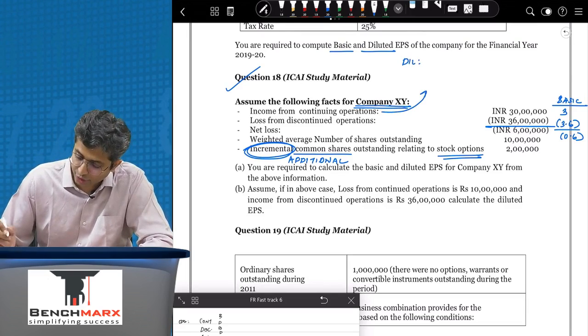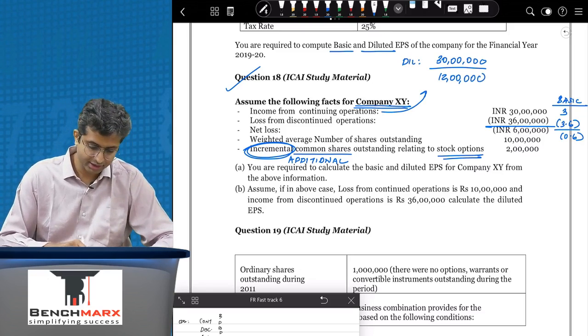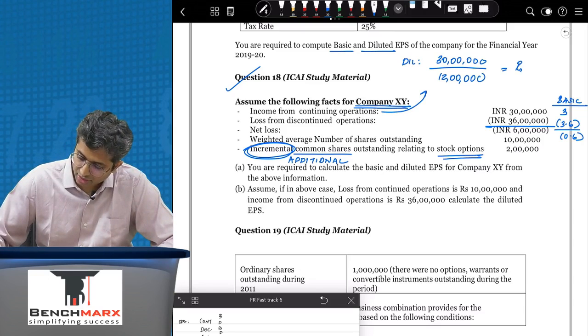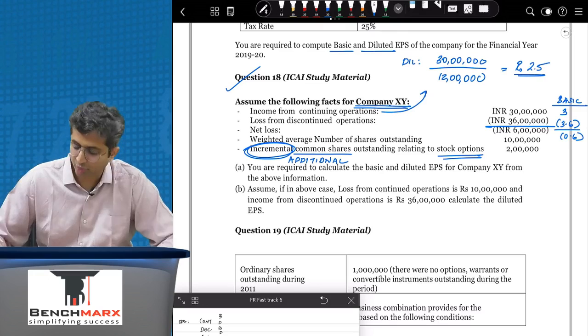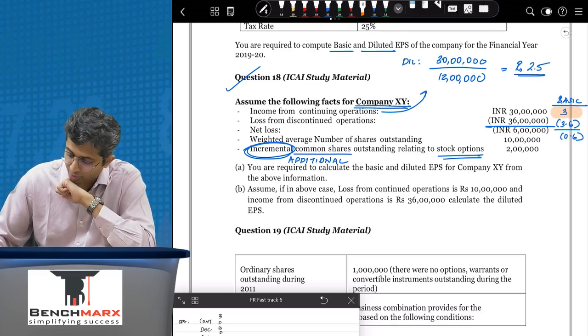whether it dilutes the EPS from continuing operations, which is going to be 30 lakhs divided by 10 plus 2, this is 12 lakhs. 30 lakhs upon 12 lakhs, which is equal to 2.5. So this is equal to 2.5. Achha, your basic EPS is 3 rupees.